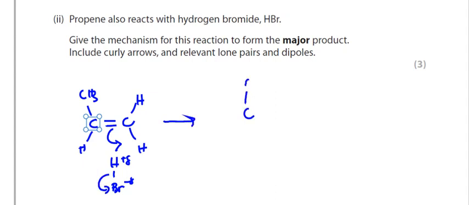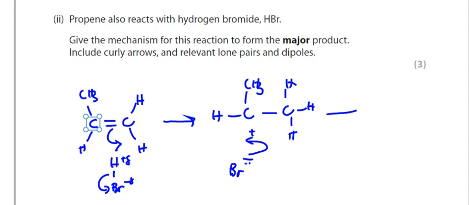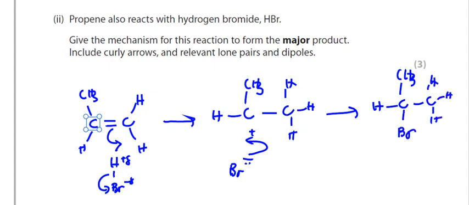This results in the formation of a secondary carbocation. But if it breaks the other way around, then it's primary, which is not stable. So now the Br minus attacks this, resulting in the major product, 2-bromopropane. The charges are very important here, right?